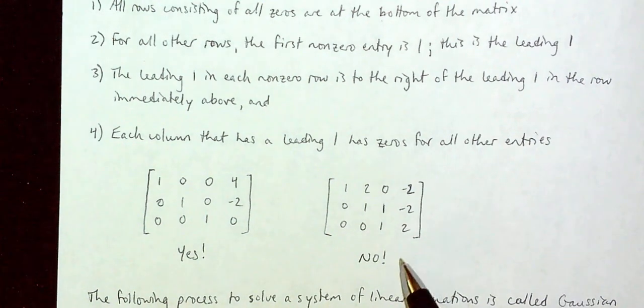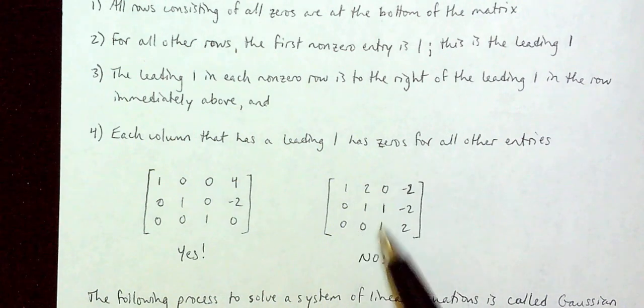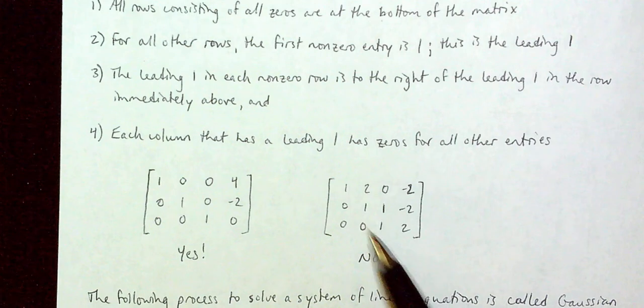The matrix here is not in row-reduced echelon form. We don't have any rows that are all zeros, so that's fine. We do have that the first non-zero entry in each row is 1.